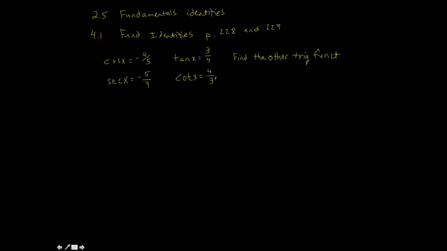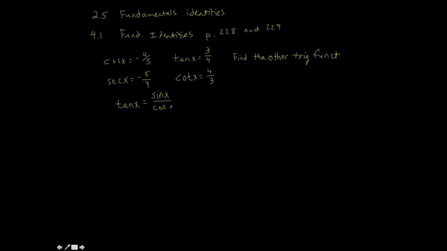Before, you had to go through some complicated measures using r squared and all those different things to figure this out. But now that we know identities, we can make this a little easier. This is one of your identities: tangent x equals sine x over cosine x.